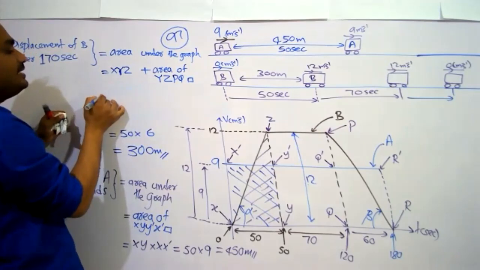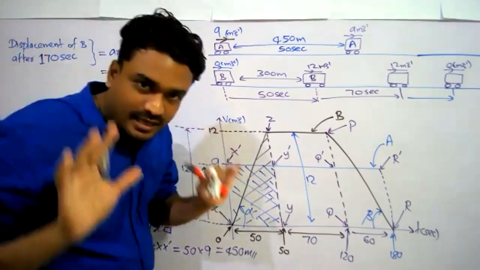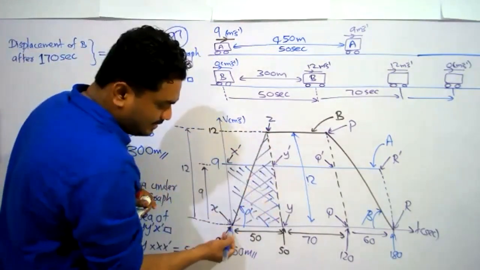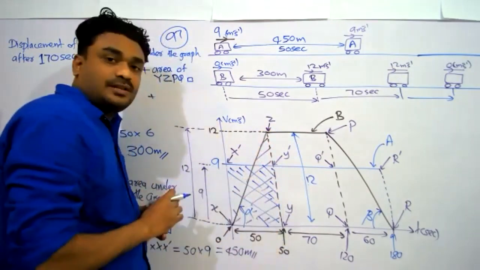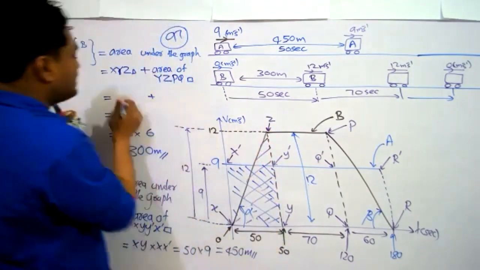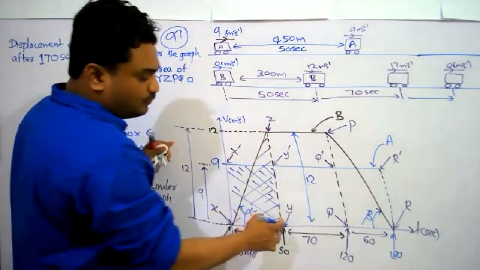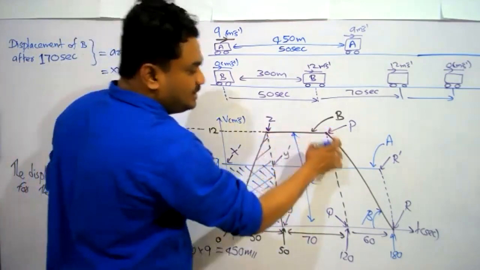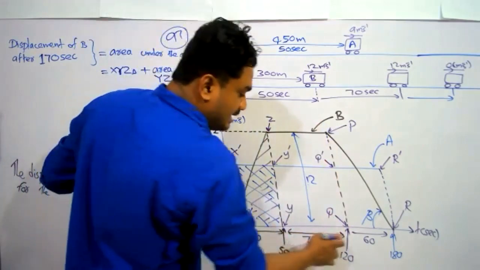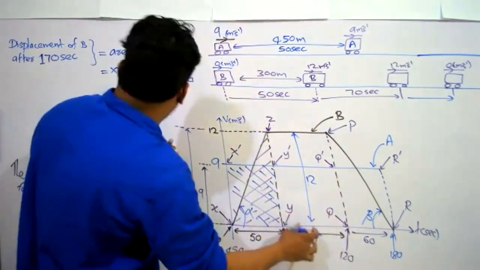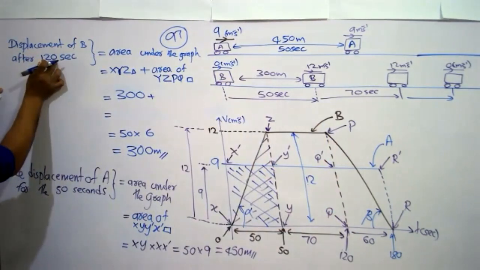Can you identify these things? The area of the XYZ triangle gives the displacement during the first 50 seconds. We have found it as 300. The area of the YZPQ rectangle gives the displacement of vehicle B during the next 70 seconds. 50 plus 70 is 120.